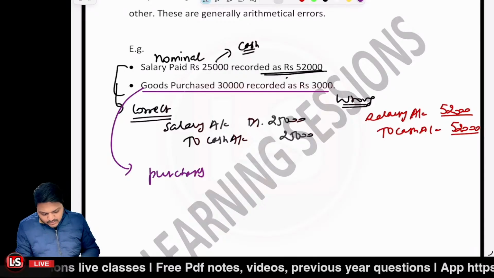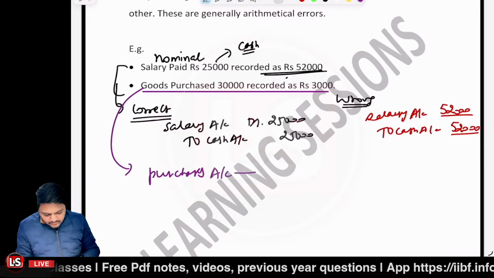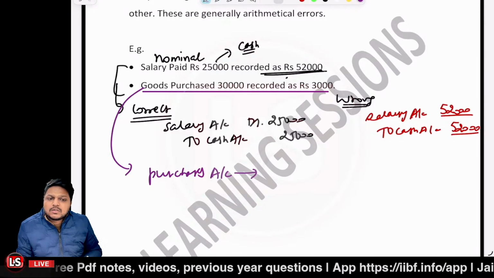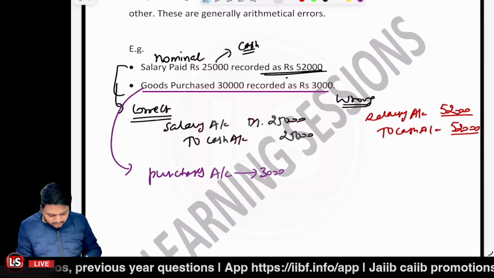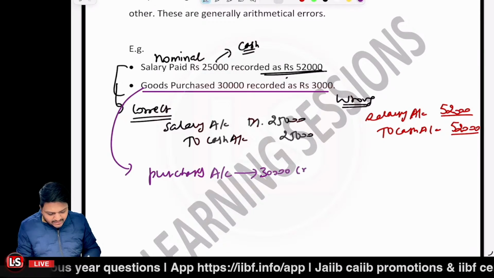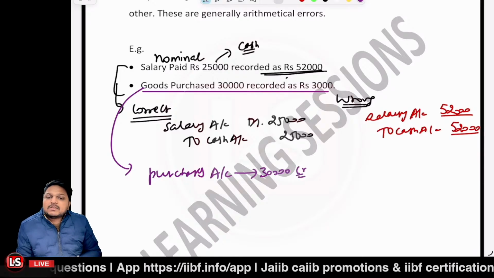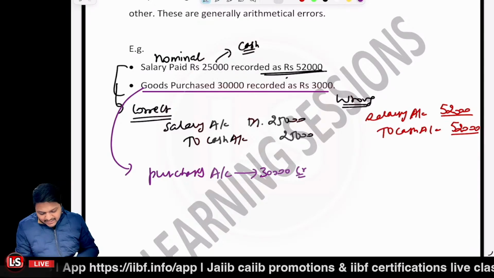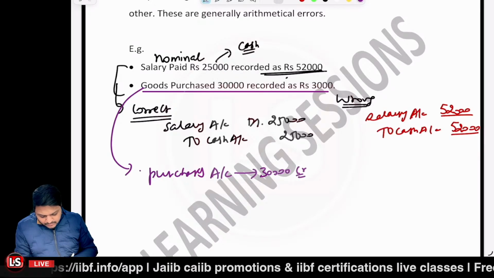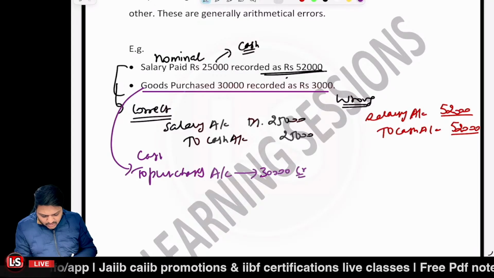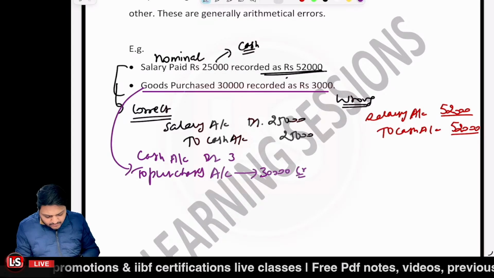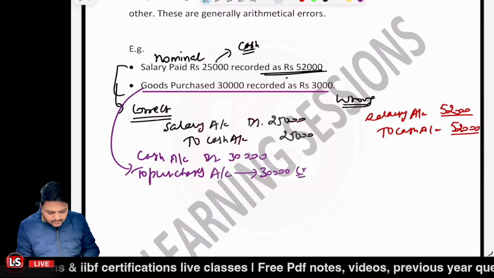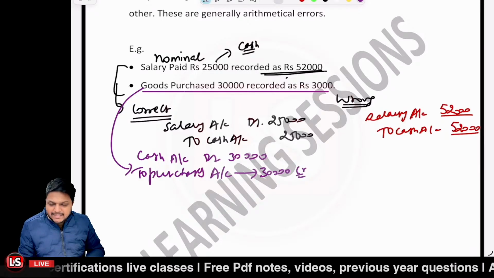So purchases account is to be debited with rupees 30,000, and for the cash, in cash that has been purchased, cash account is to be credited with rupees 30,000. This should be the correct entry.